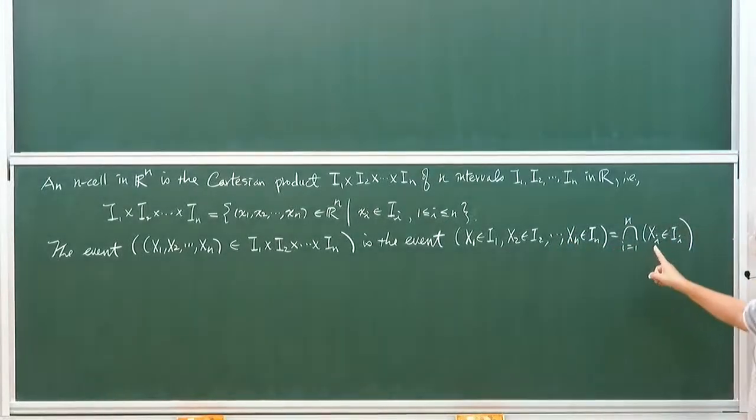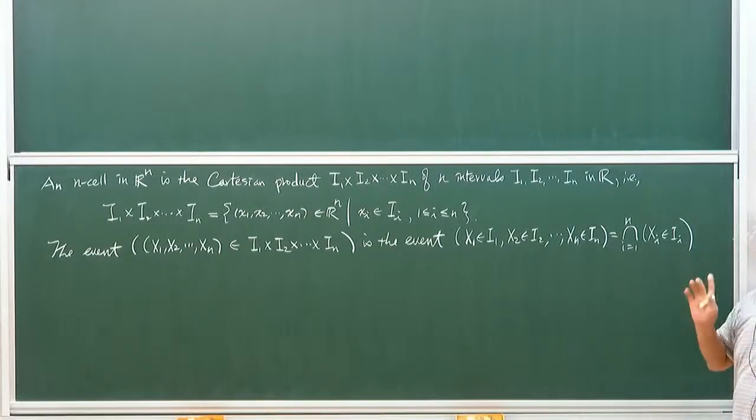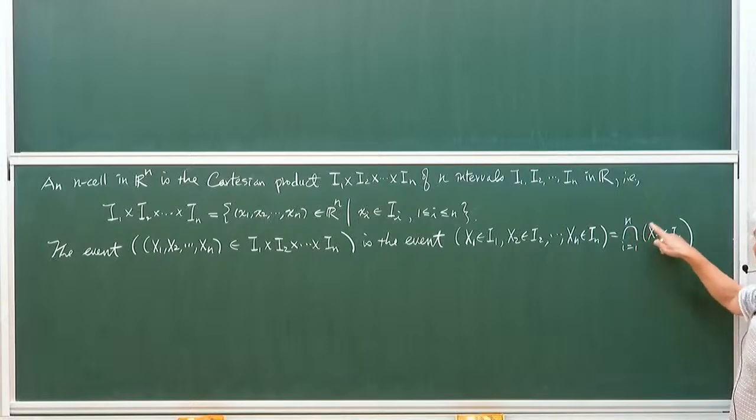All right, and because each Xi is a random variable, this is an event of interest in the sigma algebra F by definition of a random variable. And so the intersection of the n events in F gives us an event in F too.